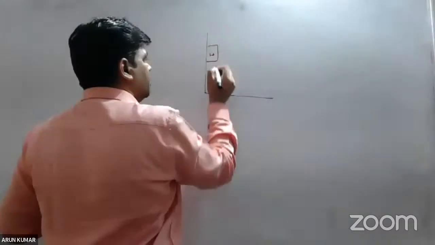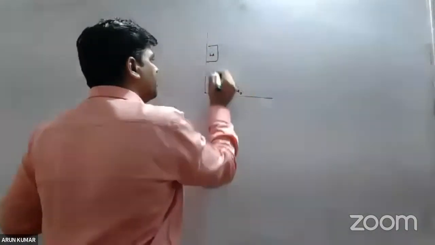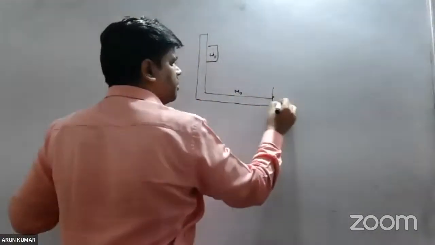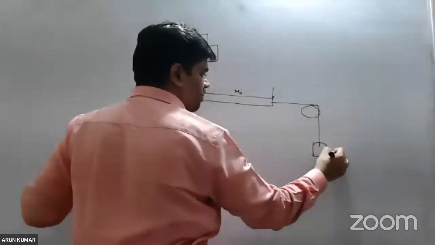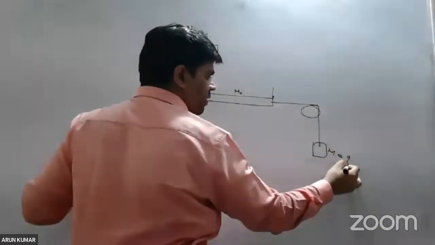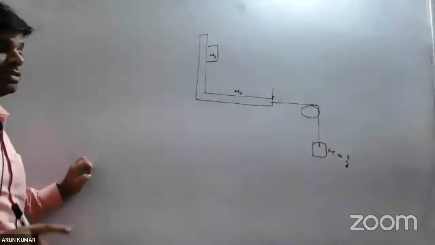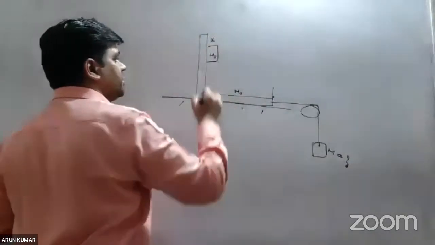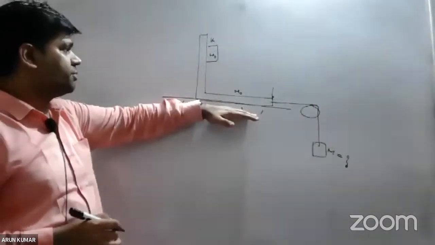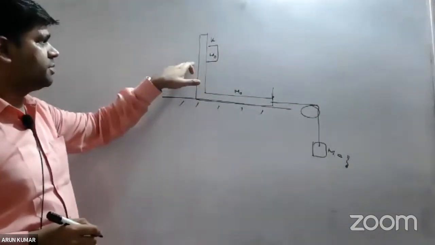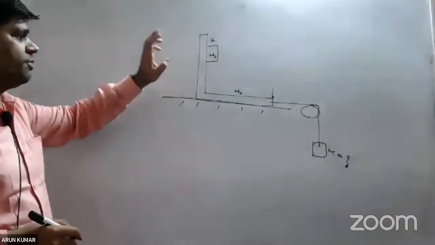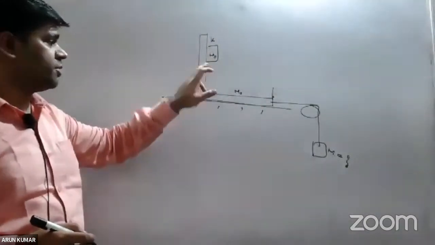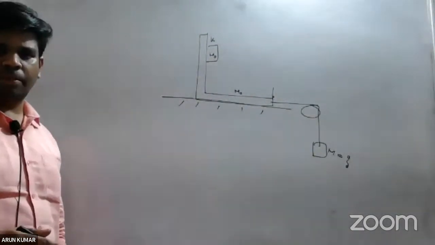There's a mass m naught here, and this is a hanging mass which is m. This horizontal surface is smooth. The coefficient of friction between the block and the L-shaped wedge is mu. I have to determine the minimum value of m. Why is he asking minimum, you think? Minimum value of m such that the block doesn't slip on the L-shaped wedge.